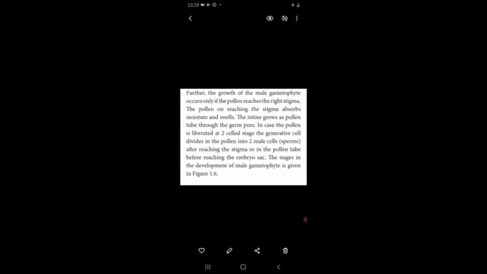In case the pollen is liberated at the two-celled stage, the generative cell again divides into two male cells, or male gametes or sperms, before reaching the embryo sac of the ovule. That is the development of the male gametophyte in the microspore.